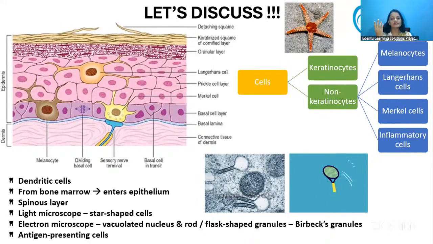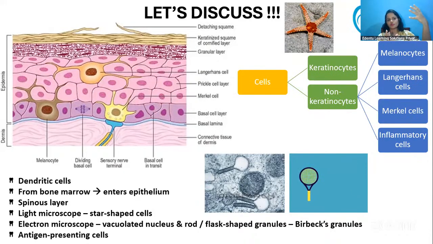Then we have the Langerhans cells. These Langerhans cells are the major immune cells present both in the oral mucous membrane and in the skin. The next one is the Merkel cells. Merkel cells are more like sensory cells, always present near nerve endings.